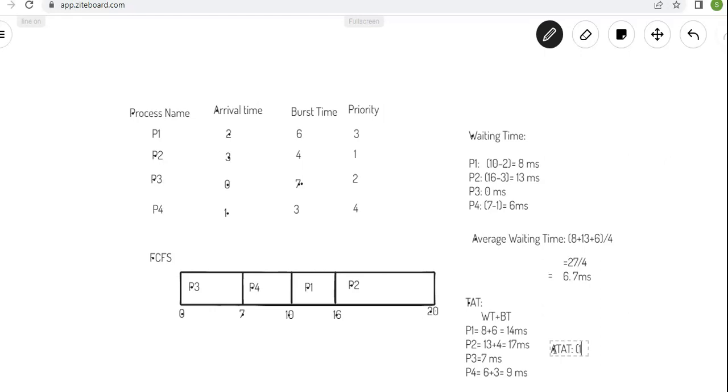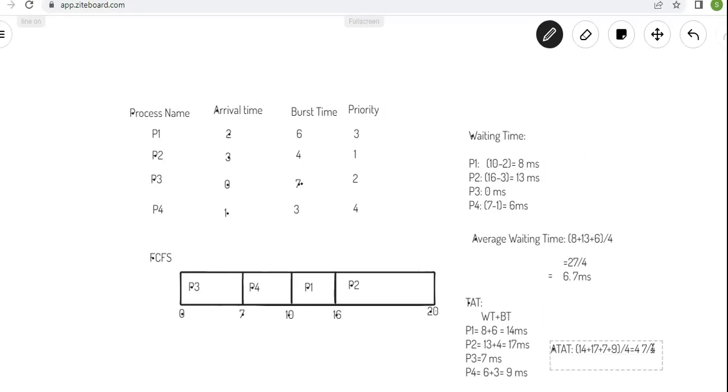So that is 14 plus 17 plus 7 plus 9, divided by 4, which is 47 divided by 4.